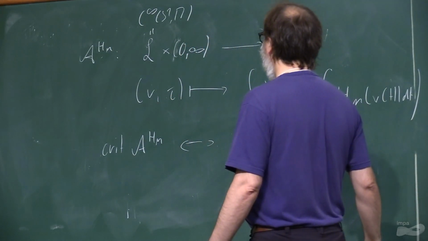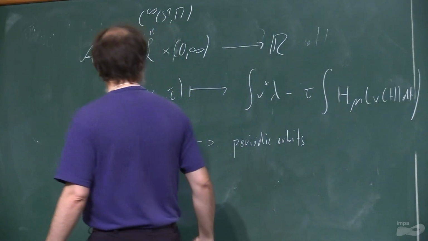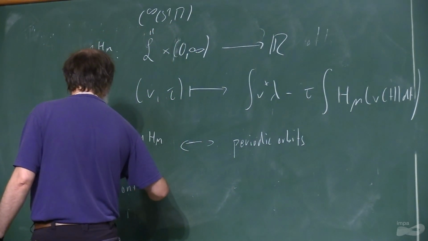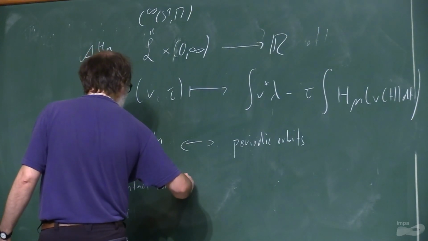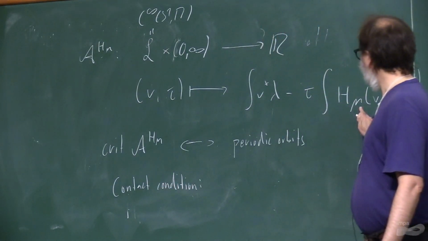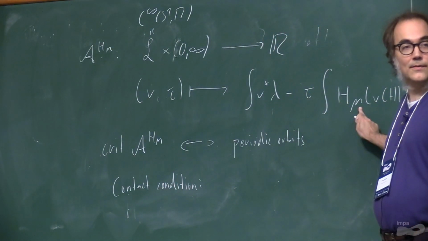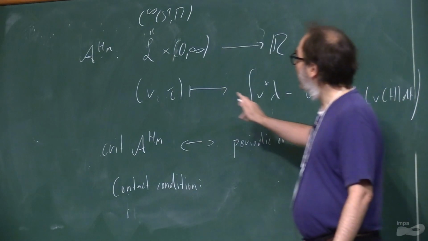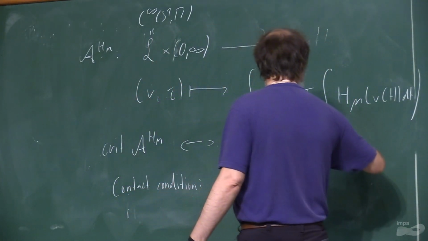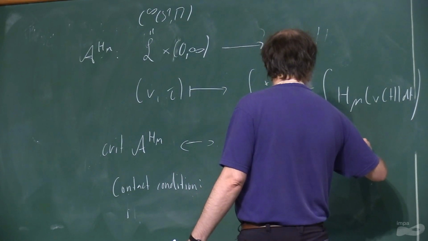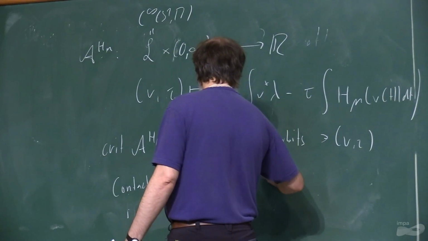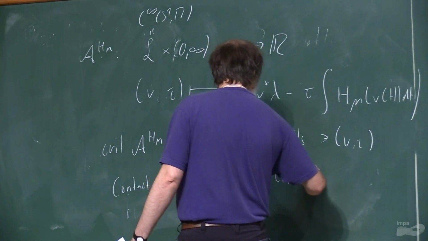And then what the contact condition gives us is that we can arrange this in such a way that X_{H mu} is precisely the Reeb vector field. Then the critical value, so if (v, tau) is a periodic orbit, then A_{H mu}(v, tau) is precisely tau.